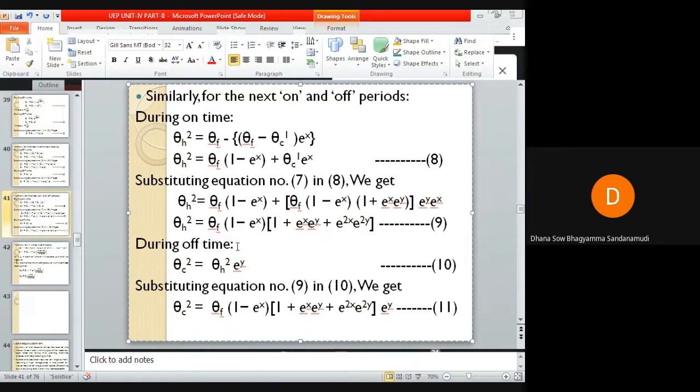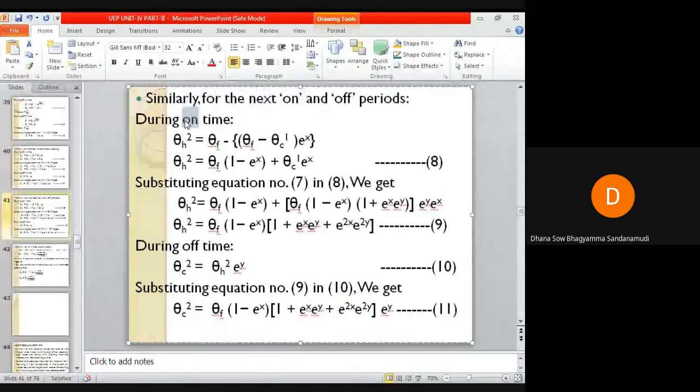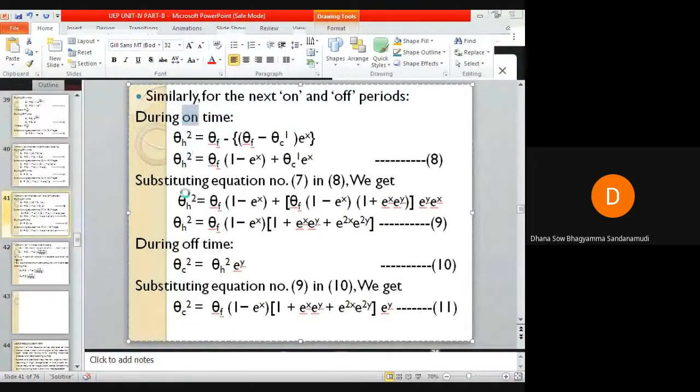Now during off time, theta C2 is equal to theta H2 e power y. Theta H2 is what? Equation number 9 is our theta H2.